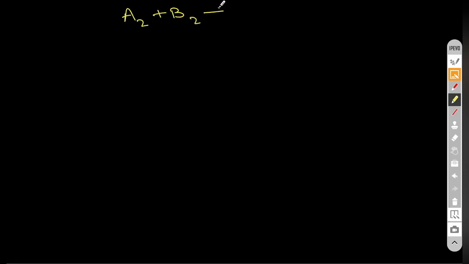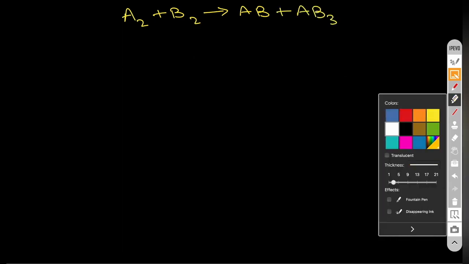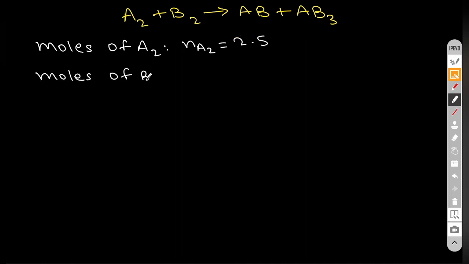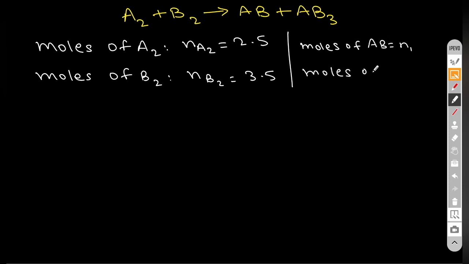We have A2 plus B2 giving AB plus AB3. This was the original reaction. Also, moles of A2, which we calculated earlier, came out to be 2.5, and moles of B2, which is NB2, came out to be 3.5. Also, we have to find moles of AB, which we assumed N1, and moles of AB3, which is N2. We have to find out N1 and N2 basically.